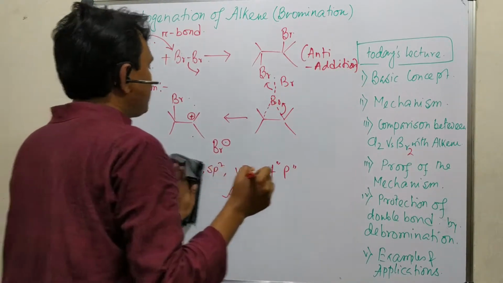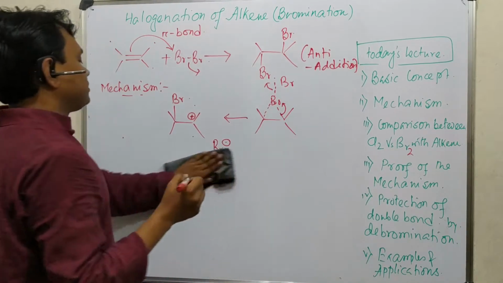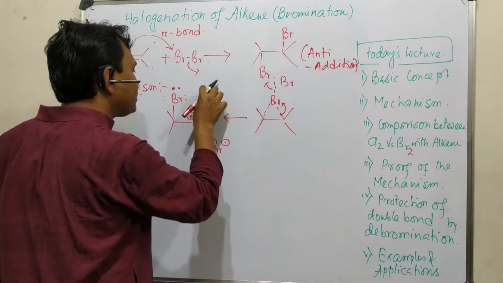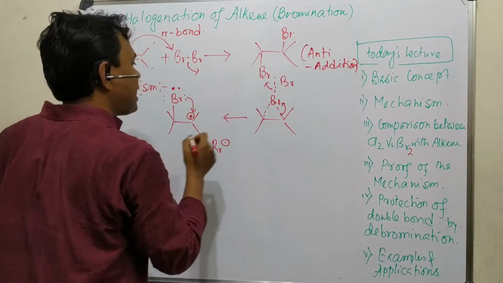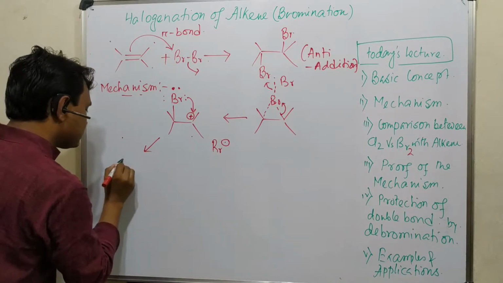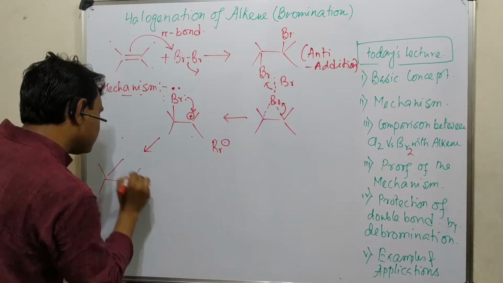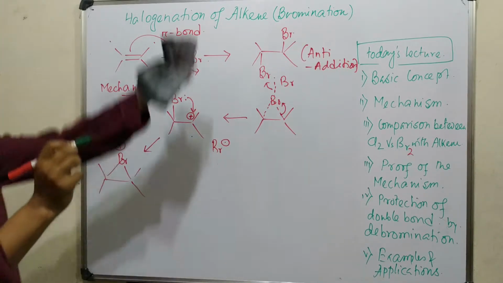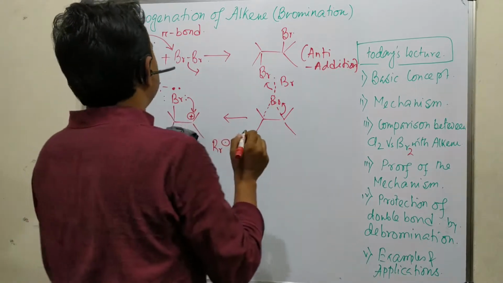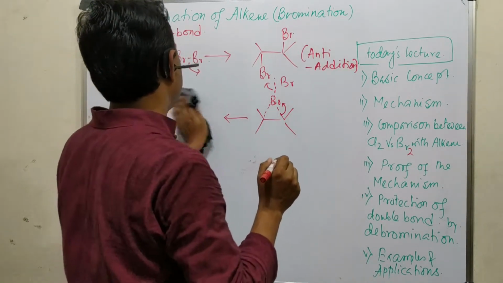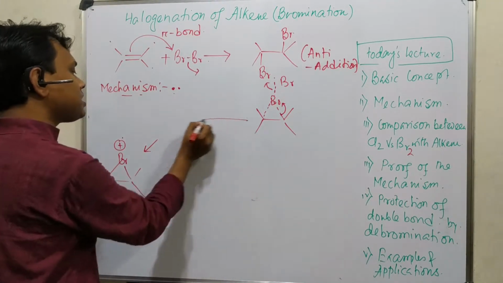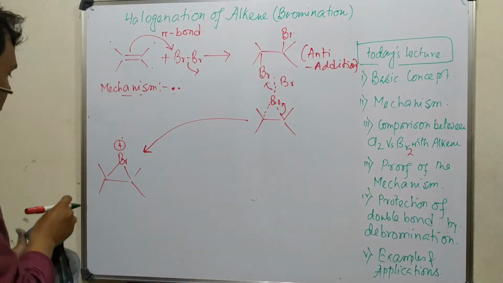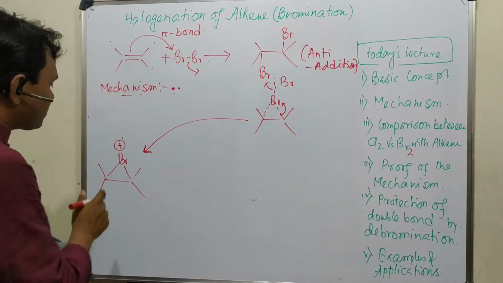What actually happens is that the bromine has 3 lone pairs, so it attacks and produces this bridged bromonium ion, with a plus charge. Directly in one step it produces this bridged bromonium cation, which is obtained as the intermediate.